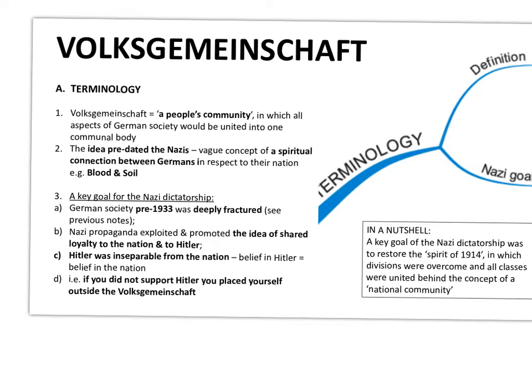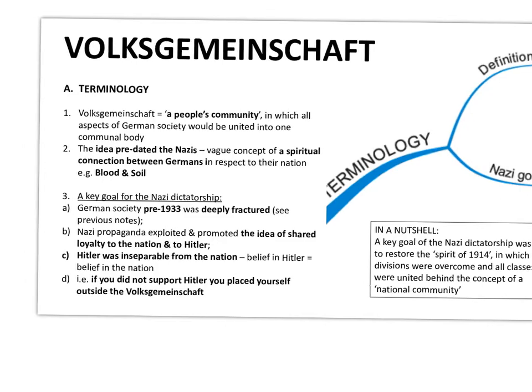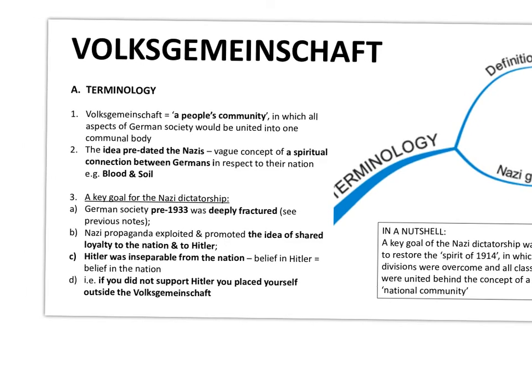Point number 2: the idea of a people's community wasn't new. That's the definition: all aspects of German society would be united into one communal body. Okay, it's not communism. There still will be social classes. Be very clear about that.